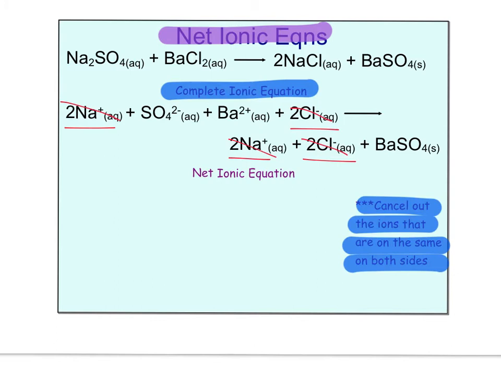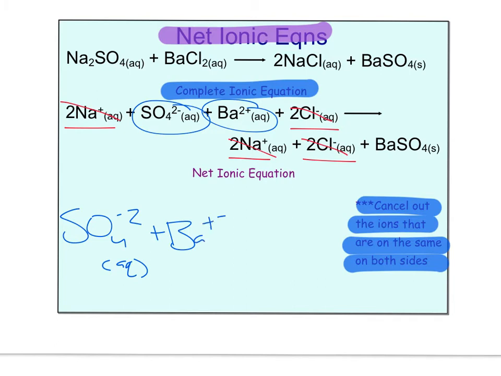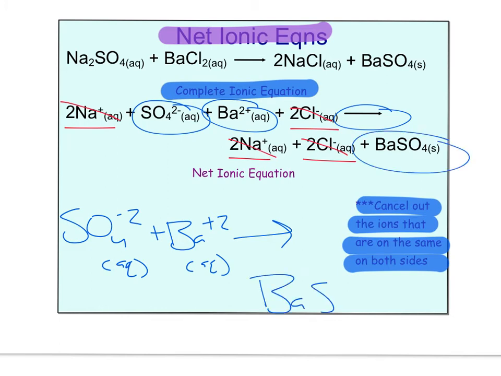So, what am I left with? A sulfate ion right here, plus a barium ion, then the arrow, and then the barium sulfate solid.